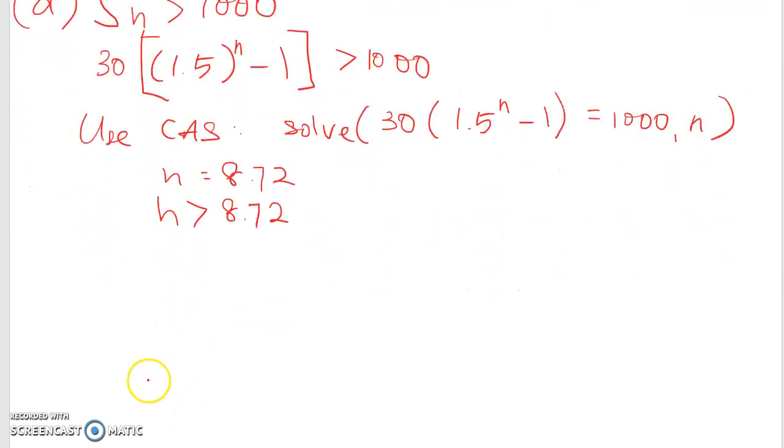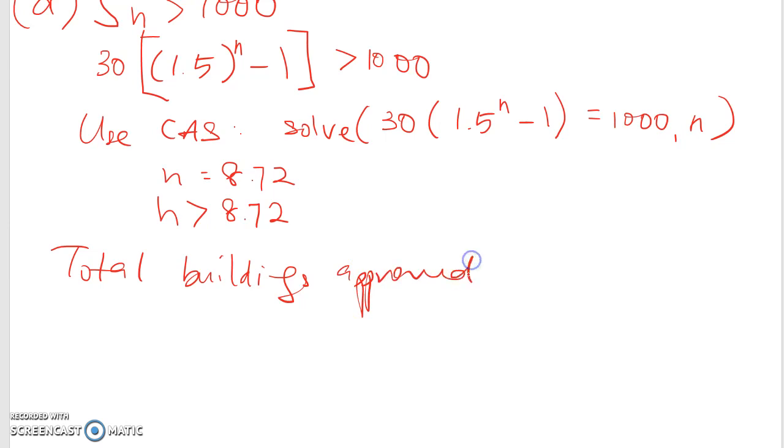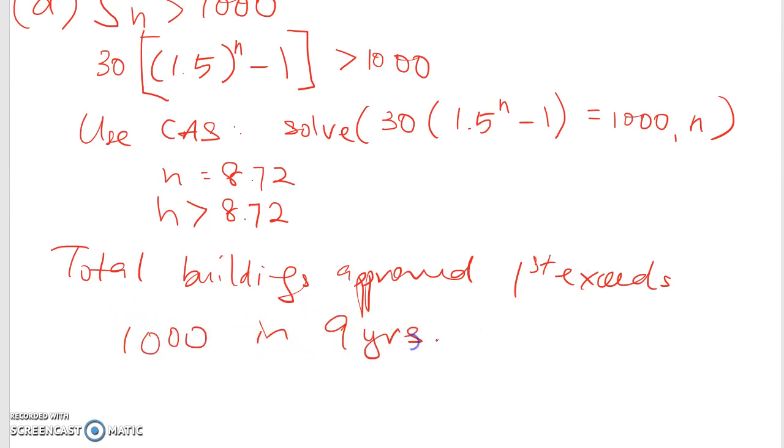So we can write down in a sentence that the total number of buildings approved first exceeds 1,000 in 9 years. So that's going to be how long you have to wait in order to get 1,000 buildings approved in total from T1 plus T2 plus T3 and so on and so forth until 9 years. And that's how we do question 11.